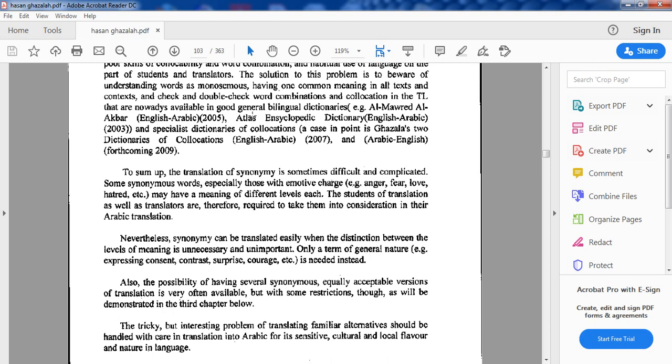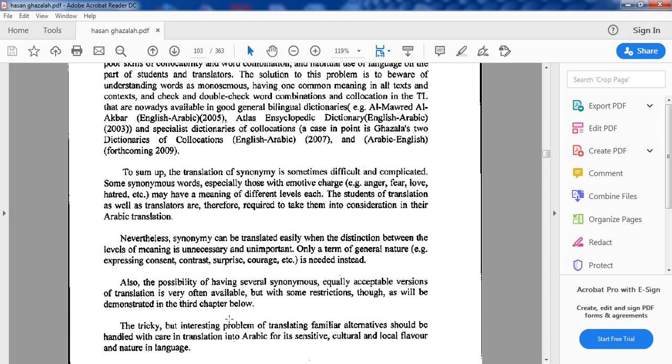You can go back and check those four problems, and actually this is a summation of those problems. Also, the possibility of having several synonymous, equally acceptable versions of translation, as the sentence "the soldiers stood to their guns" is very often available, but with the same instructions, as will be demonstrated.